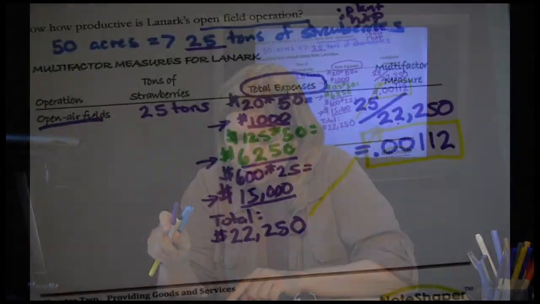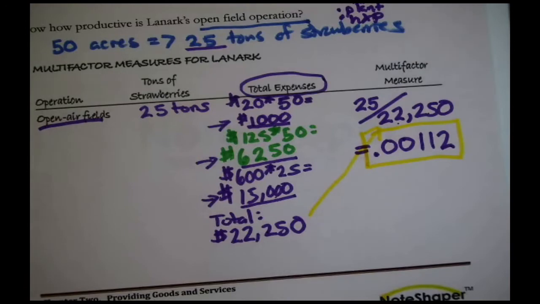That is also 0.00112 tons of strawberries per dollar spent on the open air fields. 0.00112 tons isn't very intuitive, but I did the arithmetic here, and if you're assuming that there's 2,000 pounds in a ton, what that is revealing, if you want more interpretation for 0.00112, that is indicating that they are getting about 2.4 pounds of strawberries per every dollar they spend on the open air fields. Oh, okay, so there you go.